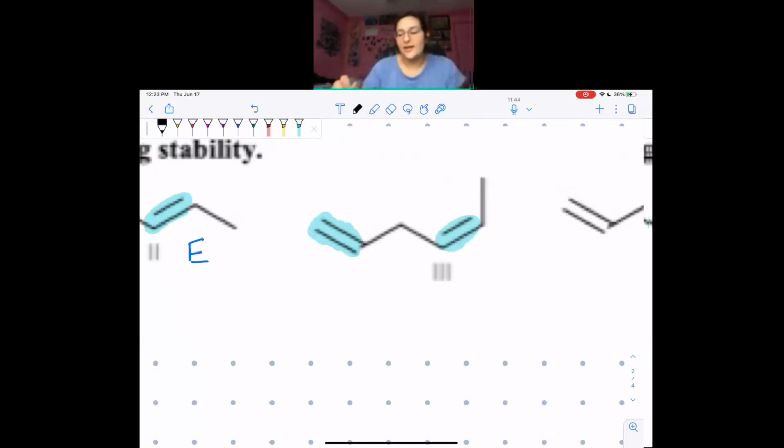So no, we cannot, because again, we have two hydrogens. Awesome. So here, if we draw the line in the double bond, these two single bonds are pointing the same direction. So is it going to be E or is it going to be Z? That one is Z. I absolutely agree with you. So we're going to go ahead and say Z.